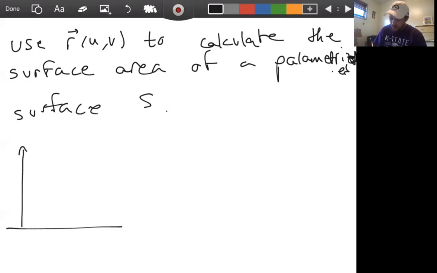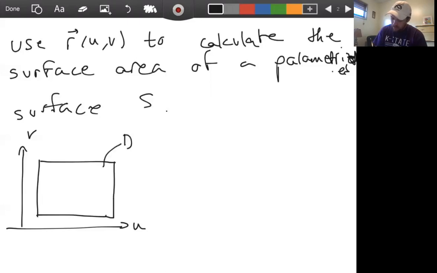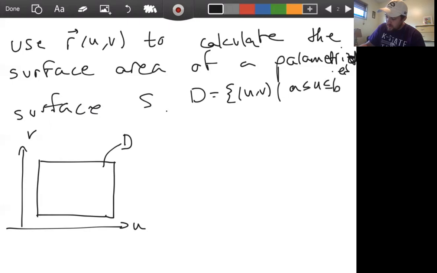We have some parameter domain, uv, and let's say in this parameter domain, we'll call it D. Let D be the set of points U and V such that U is between A and B and V is between C and D. Okay.